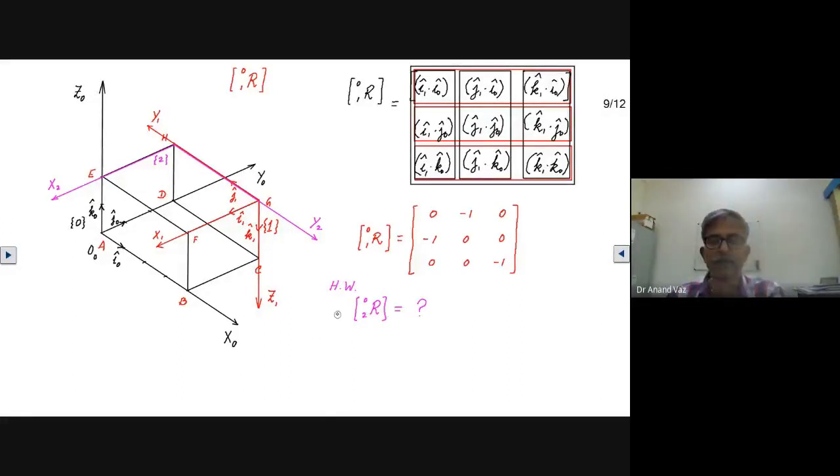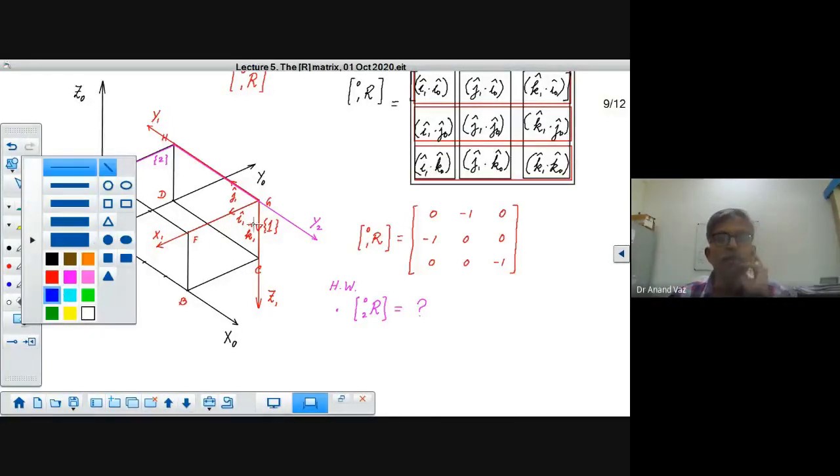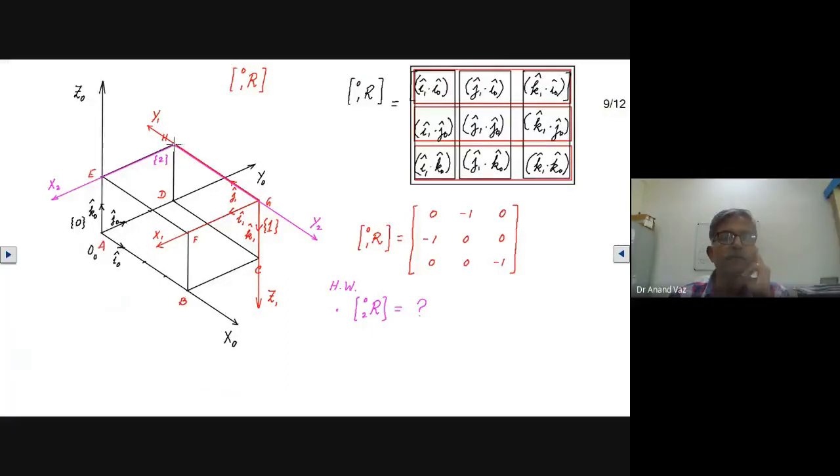Let us also take another homework. Let's have another axis. Let's take it in blue color. Take this axis.